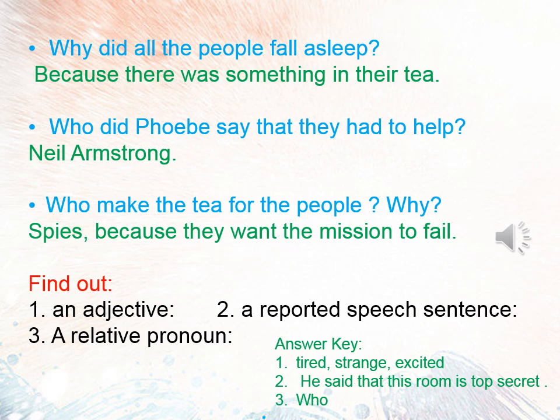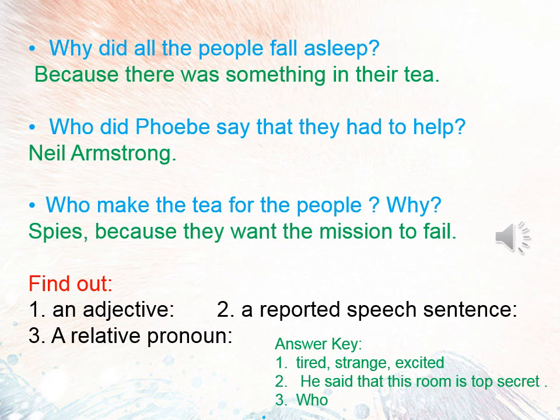Because there was something in their tea. Question number 2. Who did Phoebe say that they had to help? What was his name? Excellent. Neil Armstrong.